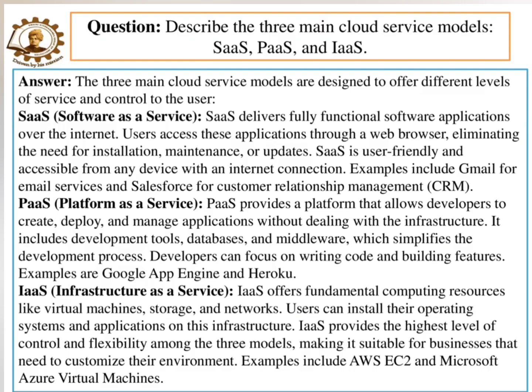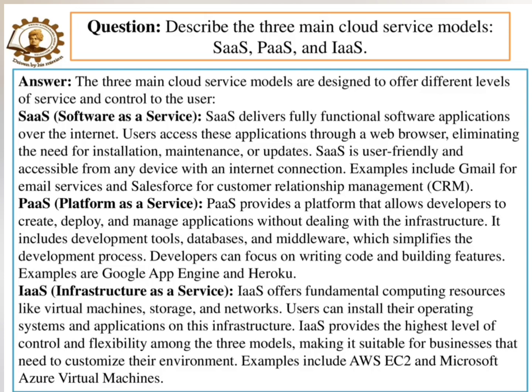Cloud service models. Cloud computing can be defined as the practice of using a network of remote servers hosted on the internet to store, manage, and process data, rather than a local server or a personal computer. Companies offering such kind of cloud computing services are called cloud providers and typically charge for cloud computing services based on usage.